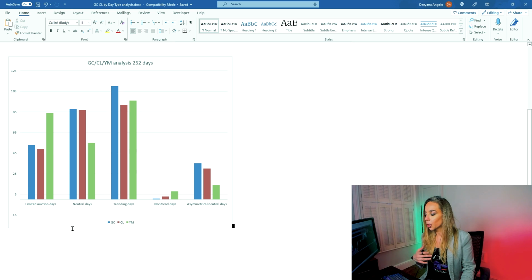The blue bar is GC, red bar is CL, the green bar is YM. So gold futures, crude oil futures, and Dow Jones futures. Now, if you're somebody who doesn't really do stats and you don't really know how it works, you'll be thinking, well, if this third area is trending days, surely they happen most often.